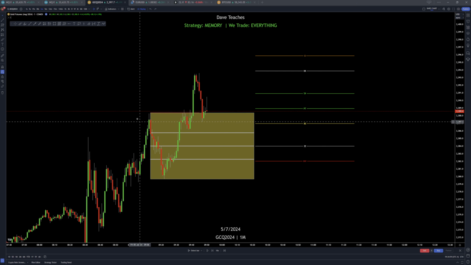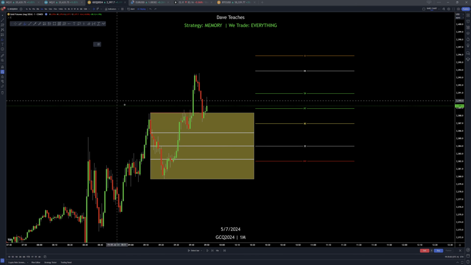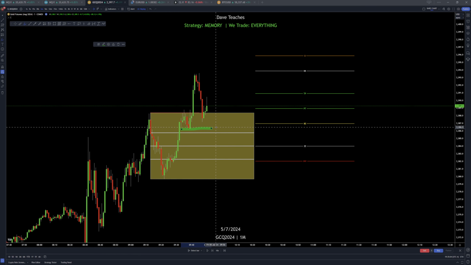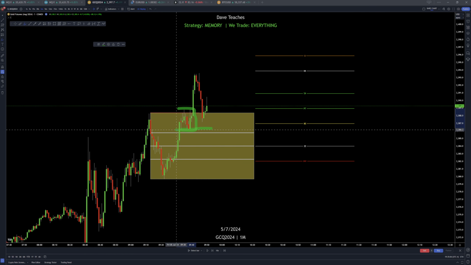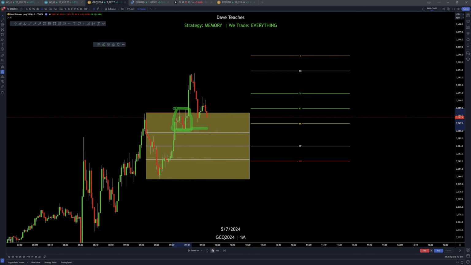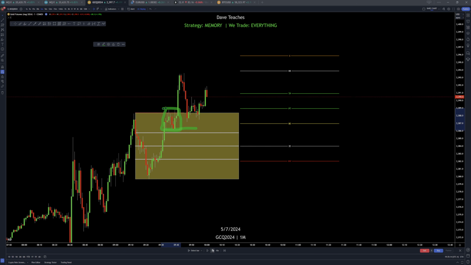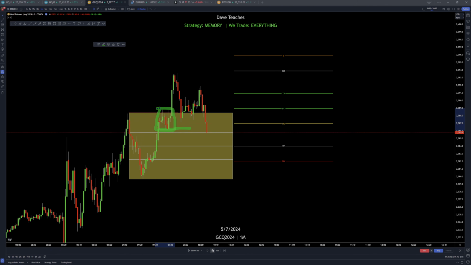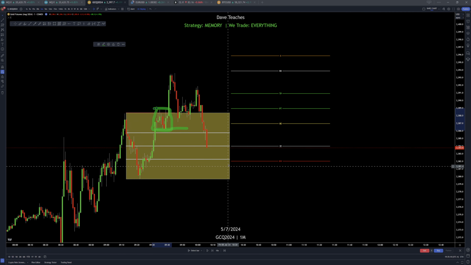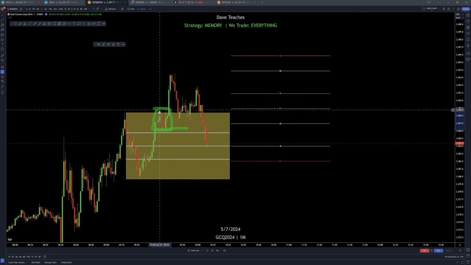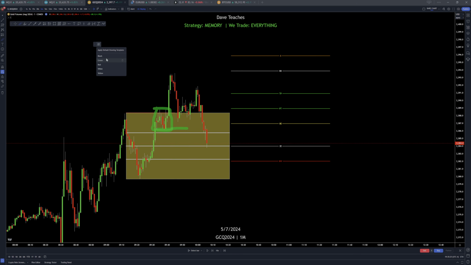So we see a bounce off of there, but we would be anticipating price to run this because this is the zone at the top of the range, and those often don't hold. So this is where most people are induced, right, to now go long.